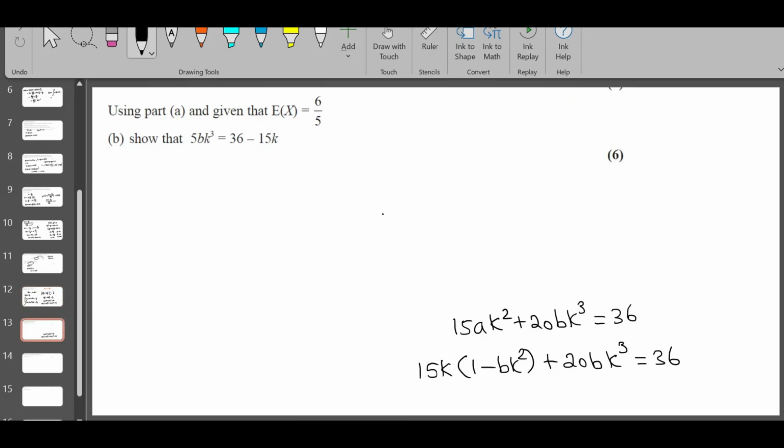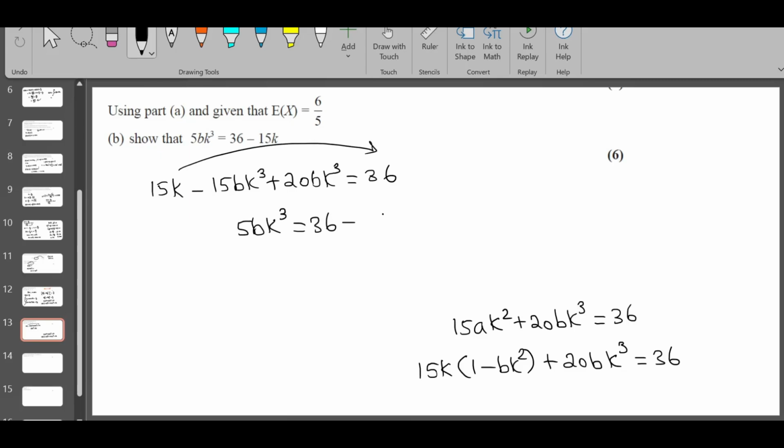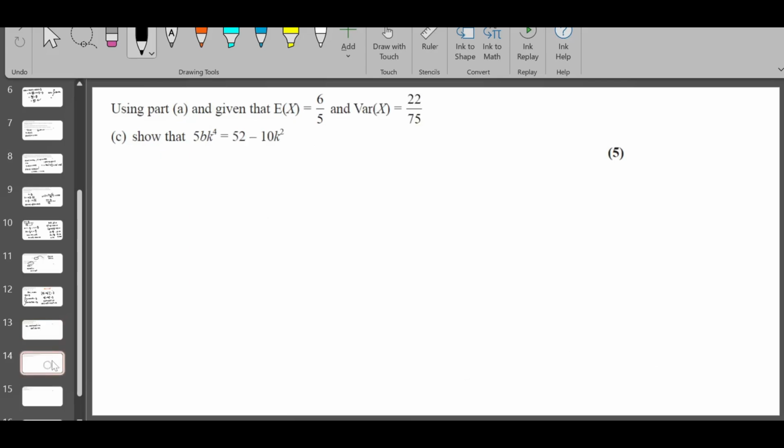So when I open the bracket, it's going to be 15k minus 15 bk cubed plus 20 bk cubed is 36. 20 minus 15 is 5. So 5 bk cubed is 36. Bring this term here. We got the answer already. That's a 6-mark question.